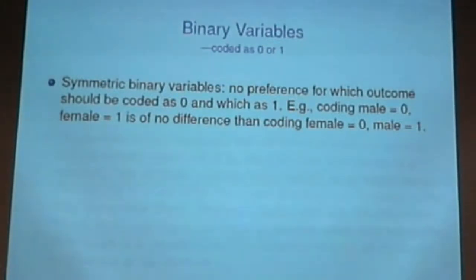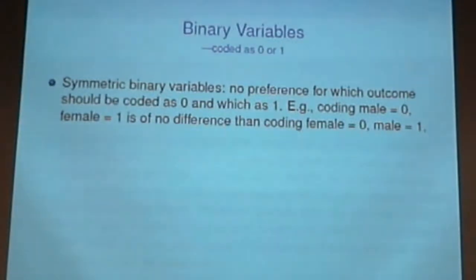You can reverse it; it doesn't make any difference. So there's no preference for which outcome should be coded as 0 or 1. For example, coding male equals 0, female equals 1 makes no difference compared to coding female 0, male equals 1. So that's called a symmetric binary variable.